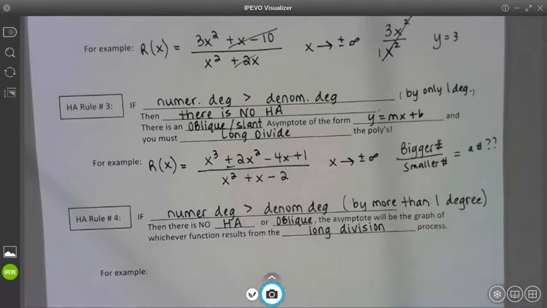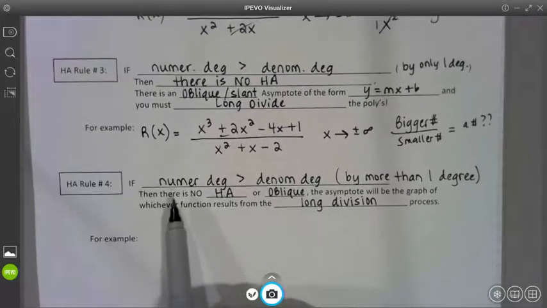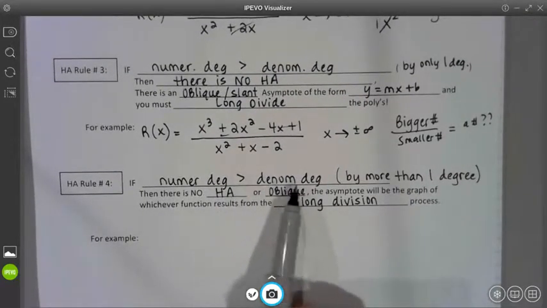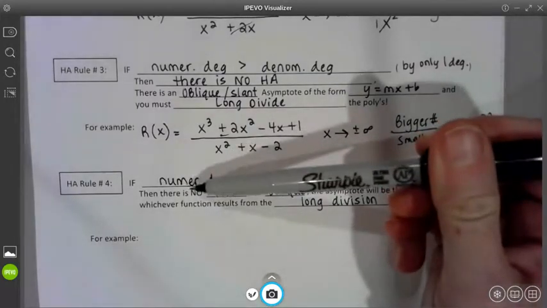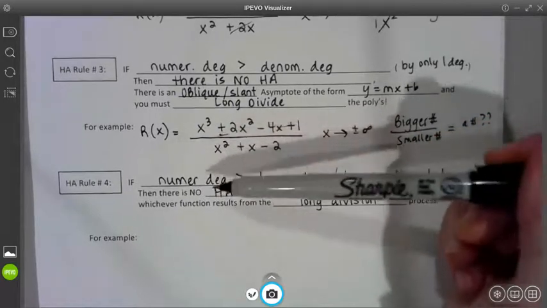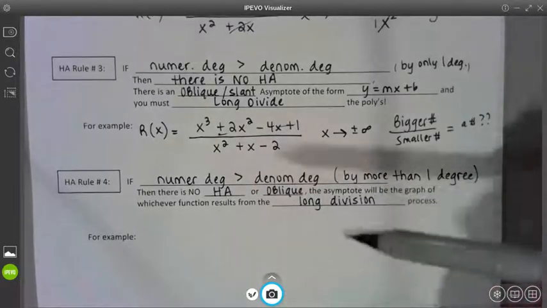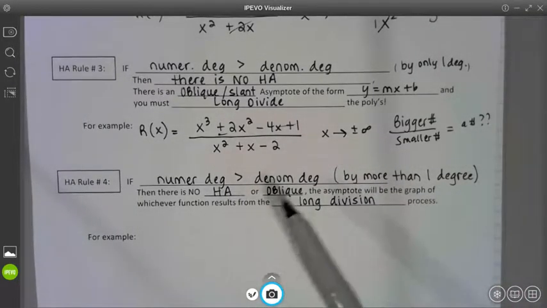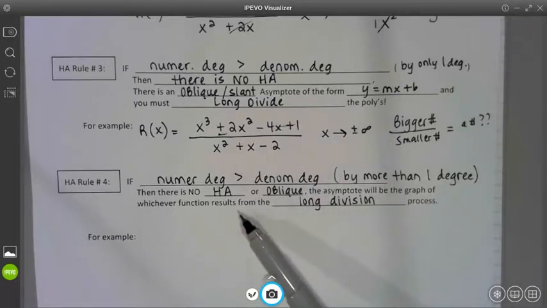All right, perfect. The only other scenario is, well, what if the numerator's degree is bigger than the denominator's degree by more than 1 degree? So like a degree 5 over a degree 3, that's 2 degrees bigger, right? Well, guys, you're still going to have a big number being divided by a small number. So you're still going to have to long divide it out, except it won't be a horizontal line and it won't be a slanted line of the form y equals mx plus b, because the difference in degrees will be degree 2s or degree 3s.